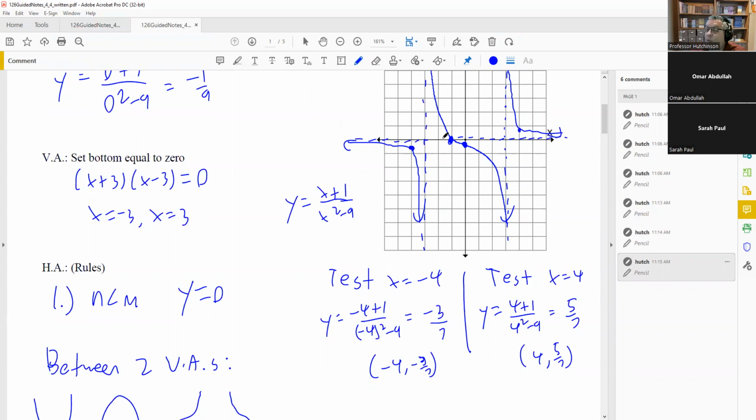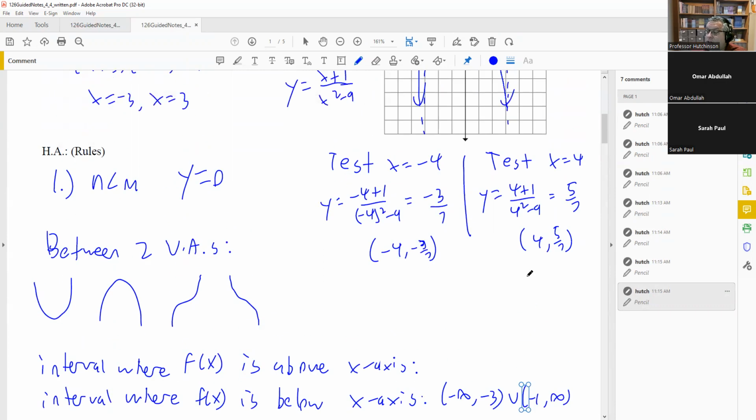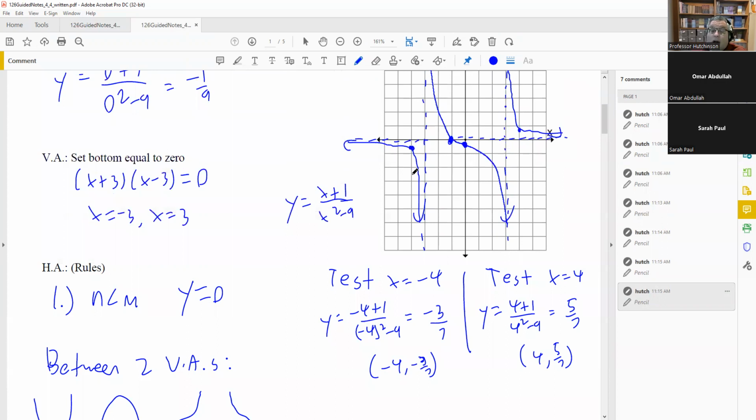Now, it says below, but not on the x-axis, so I don't want to include this x value. Starting from the x value of -1 to 3, that's where the graph is below the x-axis. I'm putting a parenthesis here, not including -1, because it's not saying where it is on the axis, it's just talking about where it's below.